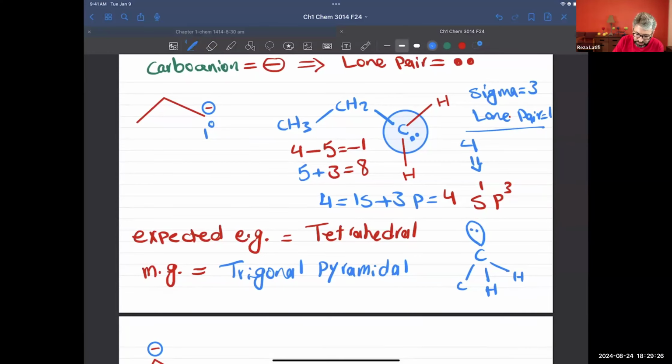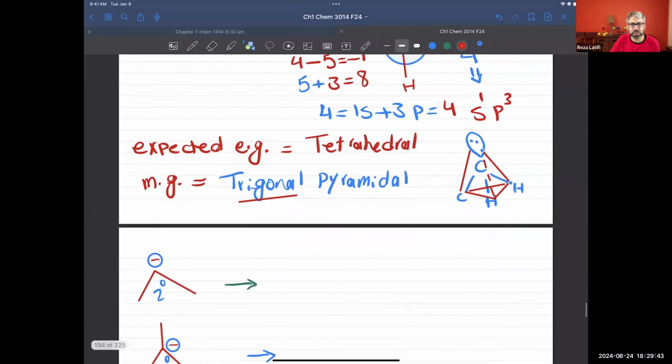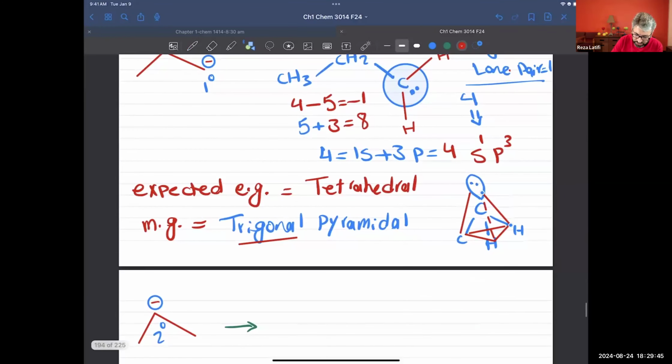I see 3 atoms at the bottom. If I connect them, that gives me a trigonal, and if I connect them to the lone pair, it gives me a pyramid. That's the reason I call it trigonal pyramidal. And I expect the bond angle to go down by 2 degrees. So the expected theta, instead of 109, will be something around 107.